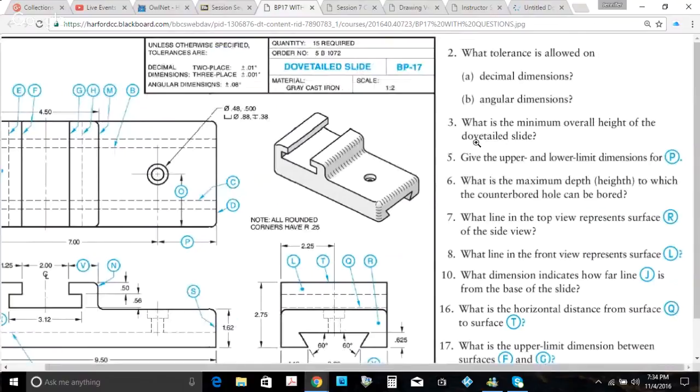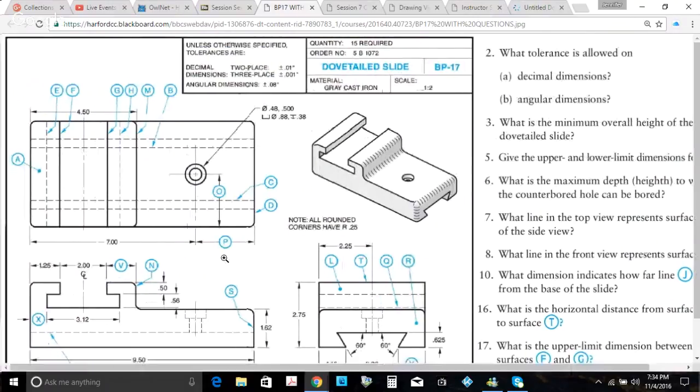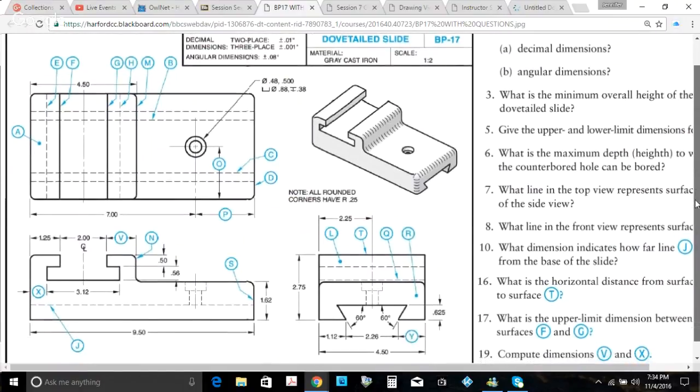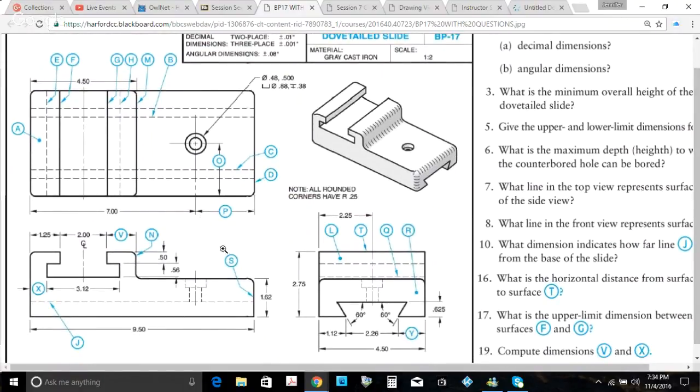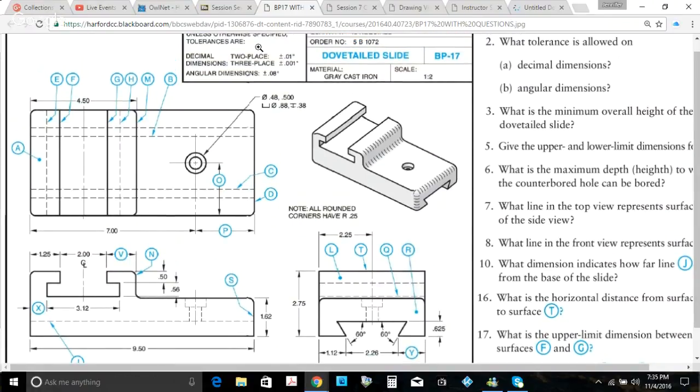Question number 5 says give the upper and lower limit for dimension P. Now that was one where we actually had to calculate P, which, reverting back to a couple minutes ago, you will have to do. But when we're talking about upper and lower limits, if there's no tolerance applied there, you go to your block tolerance down in your title block. And the upper limit is going to be whatever the plus value is, and the lower limit will be whatever the minus value is. In this particular case, it's plus or minus the same number.